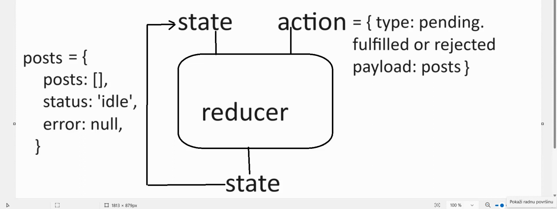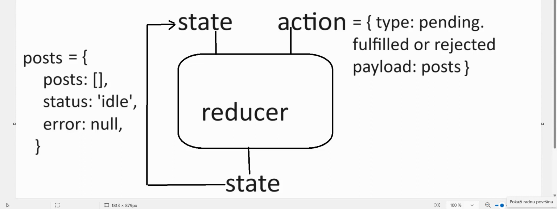Part of that middleware is the thunk function, and all of that together dispatches action type pending and action type fulfilled. Redux understands it and knows at every step, at every moment, what happened with the state.